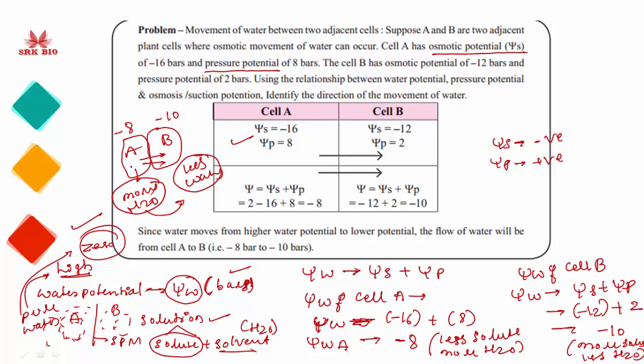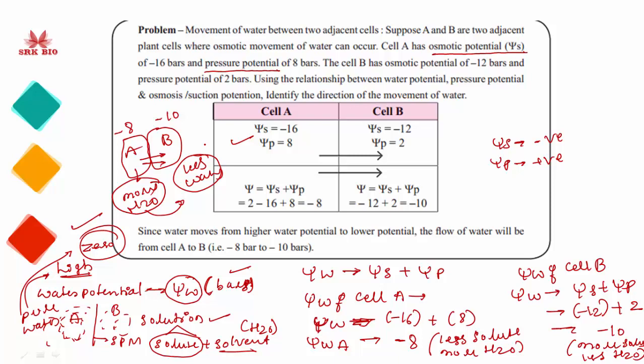Where there is a higher concentration of water, from that region the water molecules move towards the lower concentrated area. Therefore, the movement of water is taking place from cell A to cell B. This is how you need to calculate the water potential, and finally the direction of osmosis can be determined: from less negative to more negative. Whatever the values may be, that is not important.